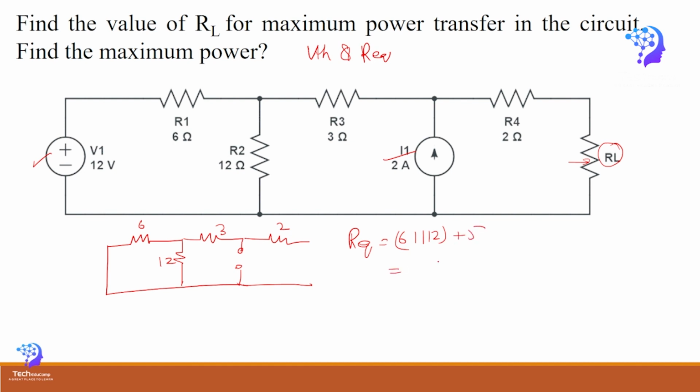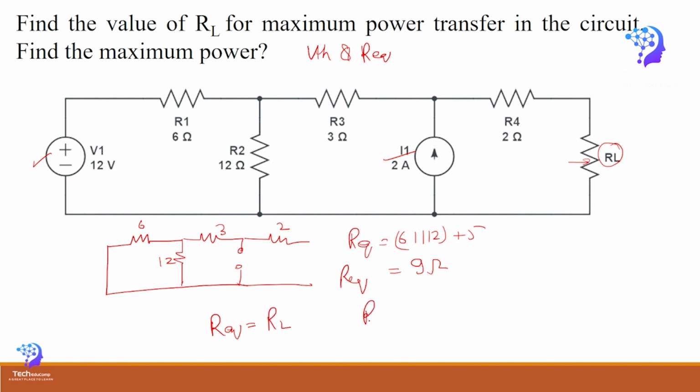So my R equivalent will be equal to 9 ohm. Now once my R equivalent came, we have seen from the previous cases, in the four cases, that my R equivalent or internal resistance is equal to the load resistance.